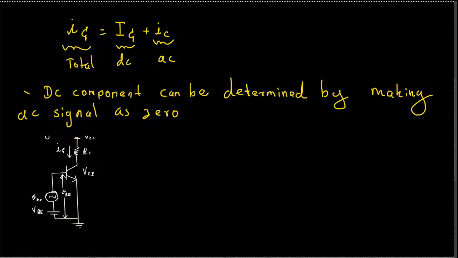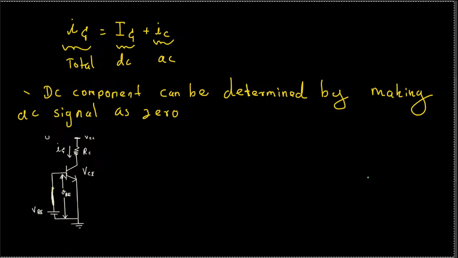So the parts that will be changing are, first, we won't be having this VBE. This is an AC component, we remove this one, so only the DC component will remain. Okay, let's use the same color.